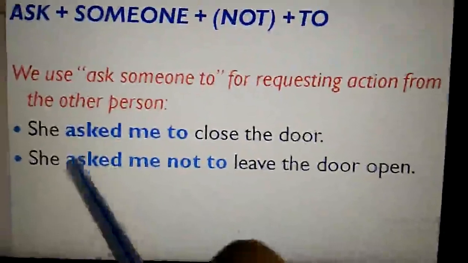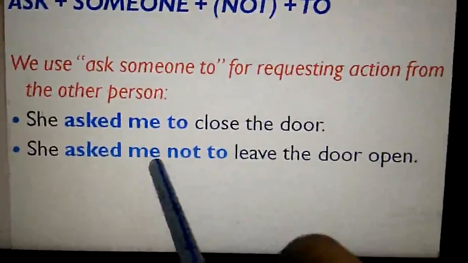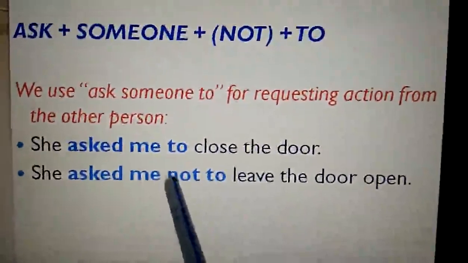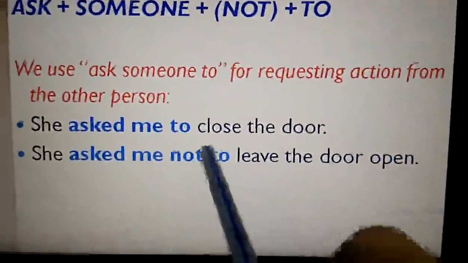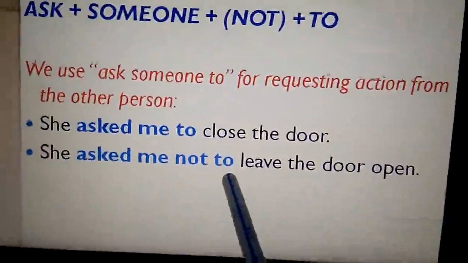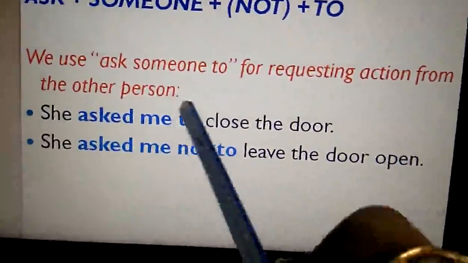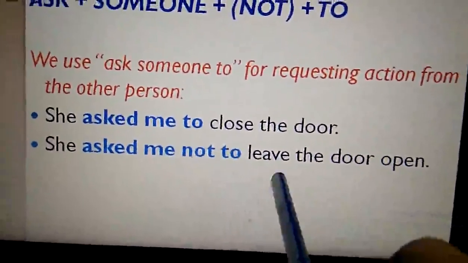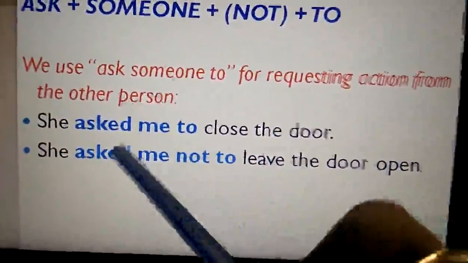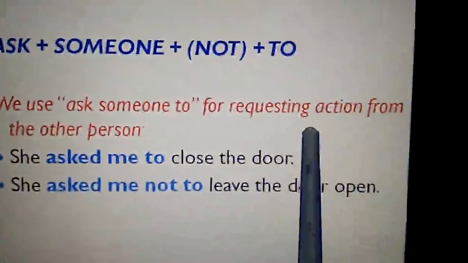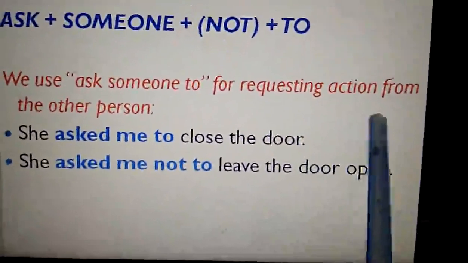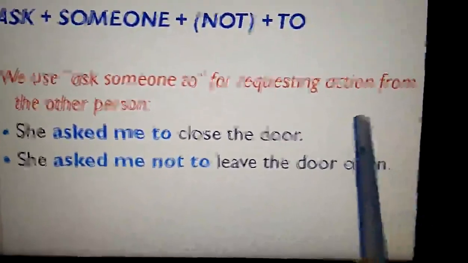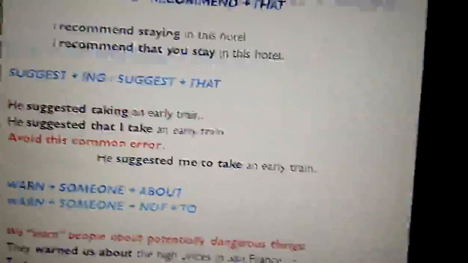Asked is the reporting verb, me is the person. As it is a negative statement, we have used not here, and then to. Usually this to infinitive we get after ask in sentences where we request some person to do some action.